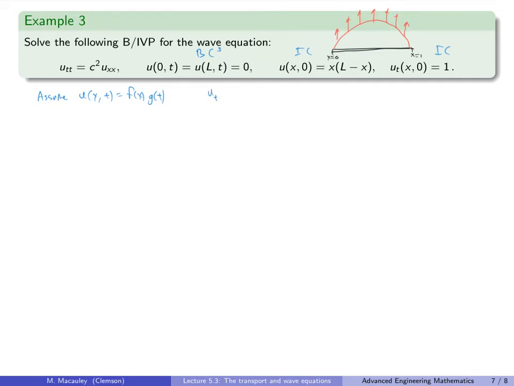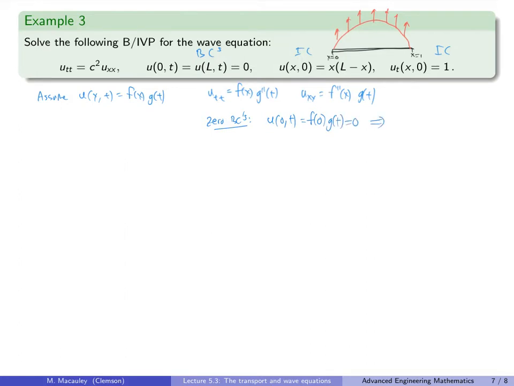So u_tt equals f of x times g double prime of t, u_xx equals f double prime of x times g of t. So let's use the 0 boundary conditions. The first one is u of 0, t equals f of 0 g of t equals 0.